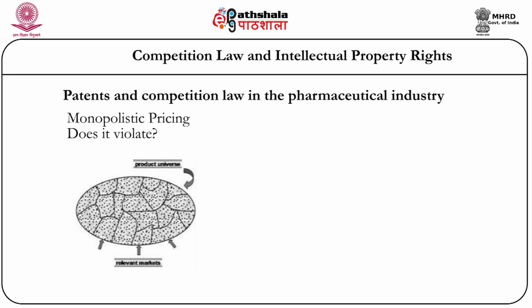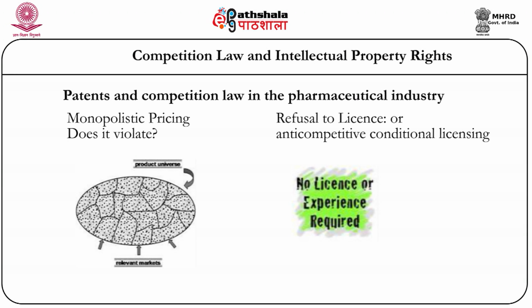Now, in case of intellectual property, there are hardly any close substitute products, so it becomes very important to understand what would be the exact type of relevant market. Now, in such cases, refusal to license or anti-competitive or conditional licensing can lead to certain kinds of consequences.